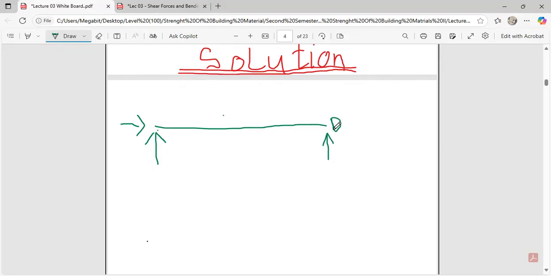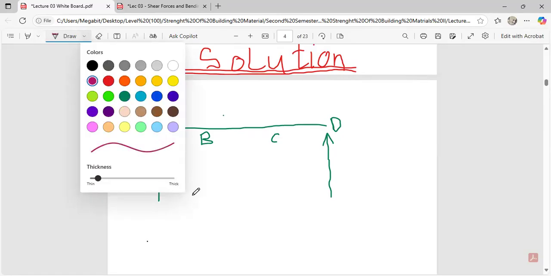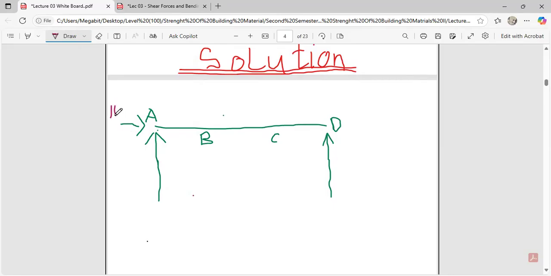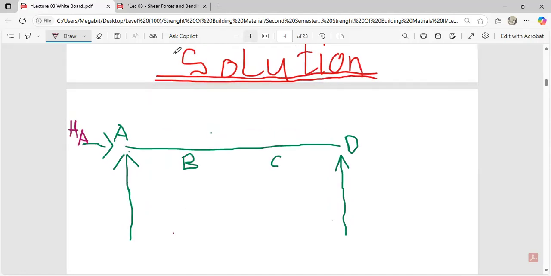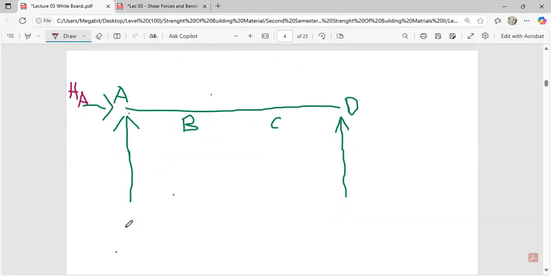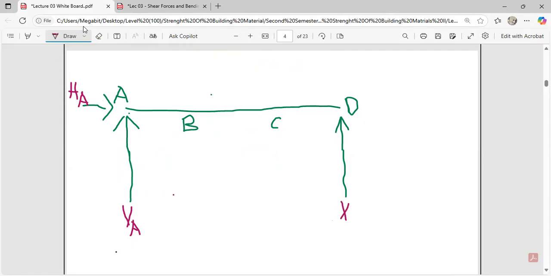So here is D, here is A. Here is the horizontal force at A, and this is our vertical force at A. This also becomes our vertical force at D.